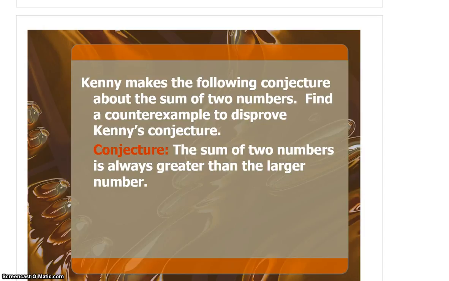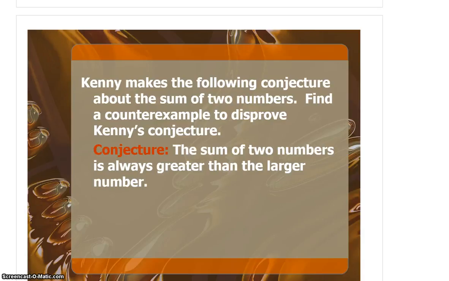Kenny makes the following conjecture about the sum of 2 numbers. Find a counterexample to disprove Kenny's conjecture. So the sum of 2 numbers is always greater than the larger number. So here's a couple ways to do this. Always test a couple of positive numbers. So 3 plus 4 is 7. The sum is always greater than the larger number, which is true. 7 is greater than 4.